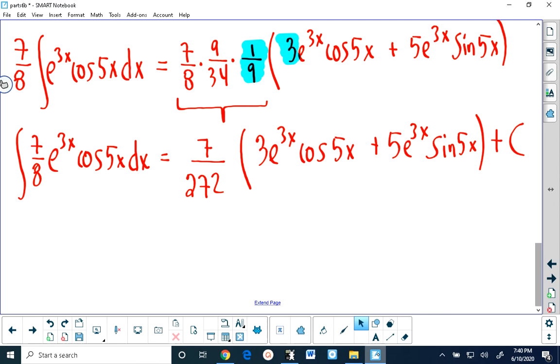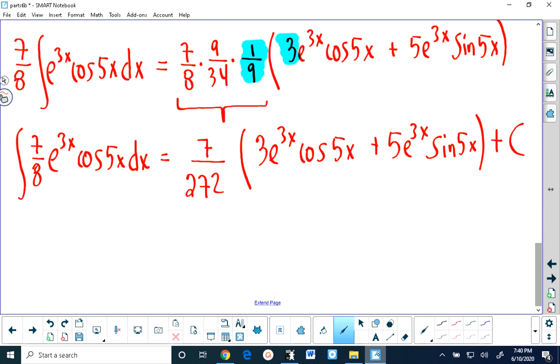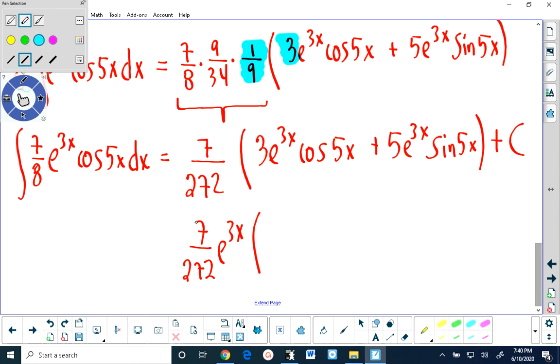So what Wolfram said was the following. I think most of you can see that it's the same thing, but just for completeness sake, what Wolfram said is it's 7 over 272 e to the 3x. So Wolfram factored out the e to the 3x that was here and here.